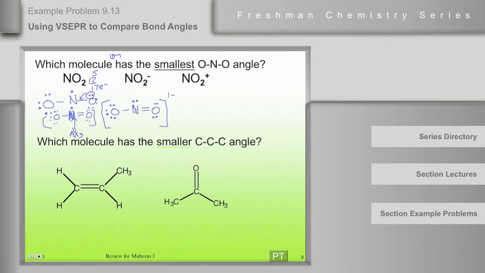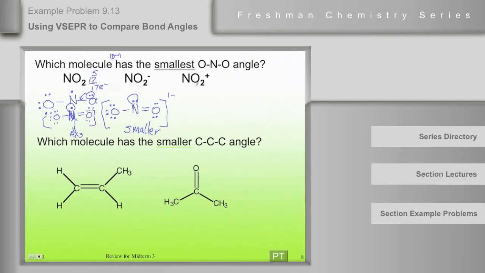Now it has one more electron, so there's a pair of electrons here instead of a single electron. So what do you think that will do to the bond angle of this one compared to the bond angle of that one? This is smaller, good. It'll make it smaller. This one will be smaller than that one, just reasoning 1 electron repelling versus 2 electrons repelling. 2 electrons are going to win.